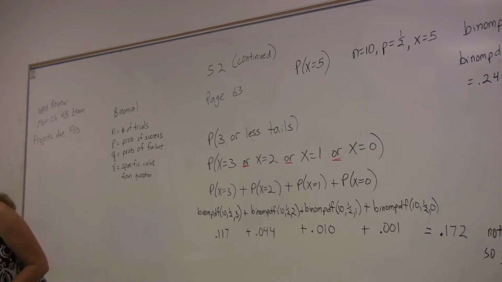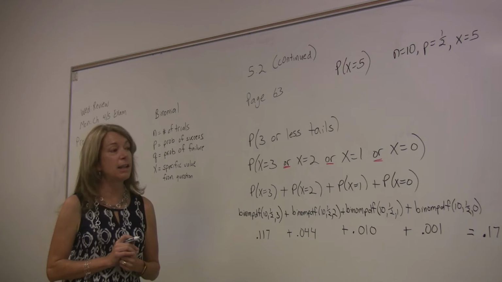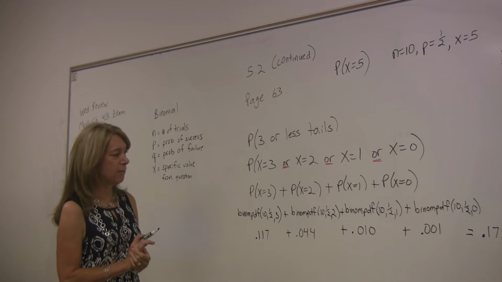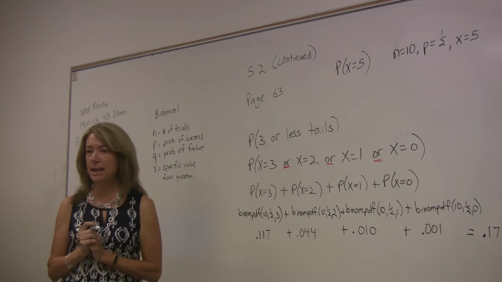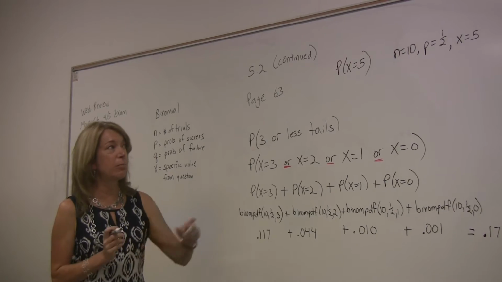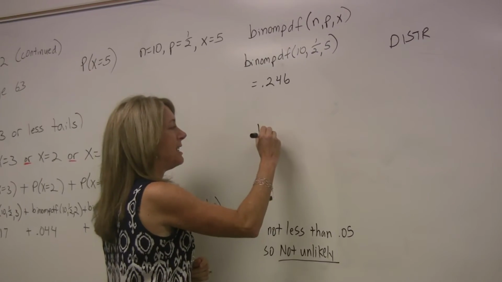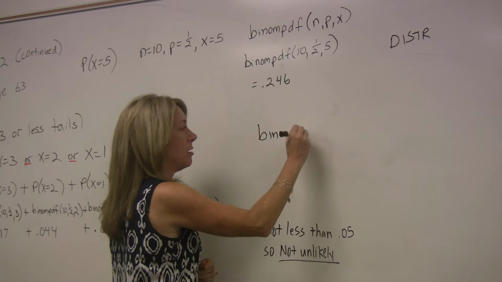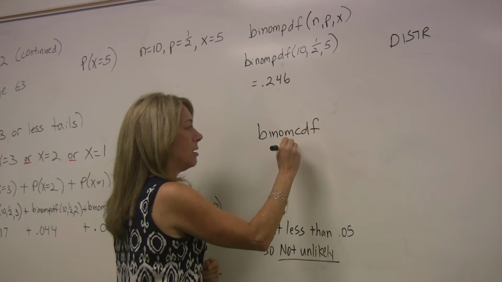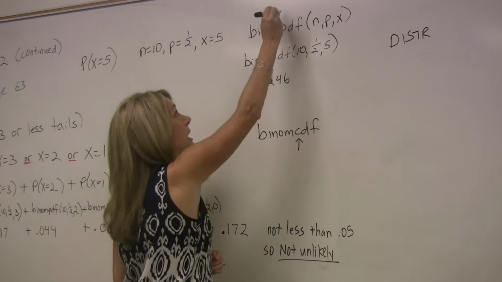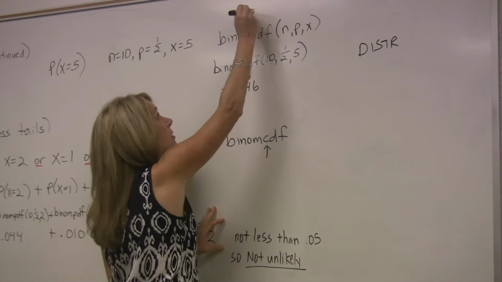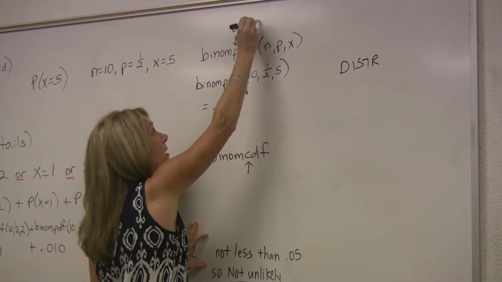Okay, so there's a new button on your calculator that's not listed in your notes. We're going to add it right here for problems exactly like this. Instead of binomial PDF, it's binomial CDF. The C versus the P. The P is for 1 point exactly.